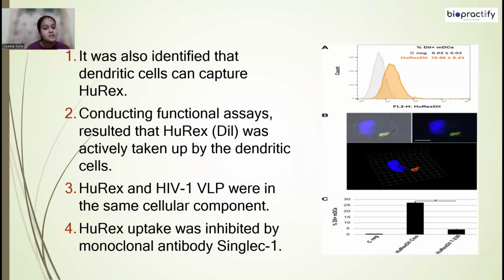But Hurex in the absence of HIV-1 VLP, that is, you can see Hurex DIL, will definitely get absorbed by the dendritic cells. This clearly proves that Hurex participates in immune responses, and can be further used for various therapeutic applications and can also act as an alternative biomarker in future for various kinds of diseases.